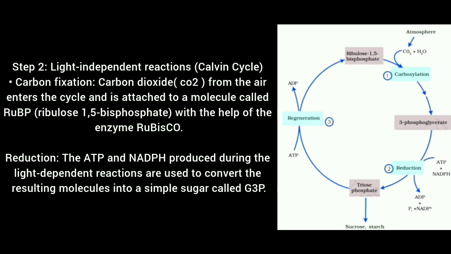The ATP and NADPH produced during the light-dependent reaction are used to convert the resulting molecules into a simple sugar called G3P.